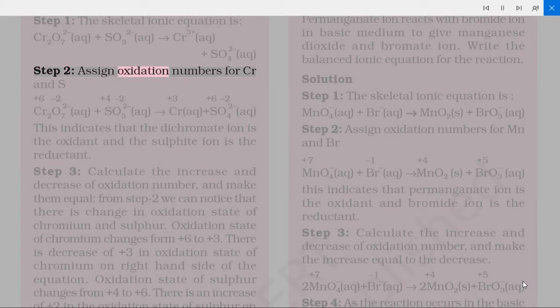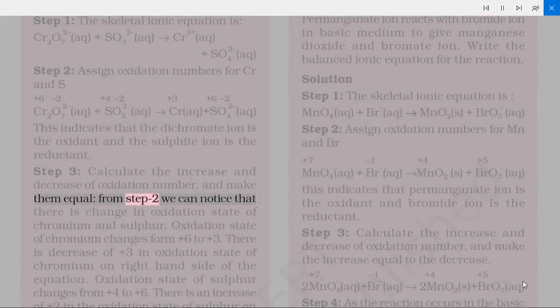Assign oxidation numbers for Cr and S: Cr is +6 in Cr2O7^2-, S is +4 in SO3^2-, Cr is +3, and S is +6 in SO4^2-. This indicates that the dichromate ion is the oxidant and the sulfite ion is the reductant.